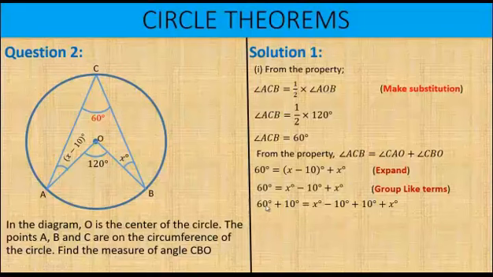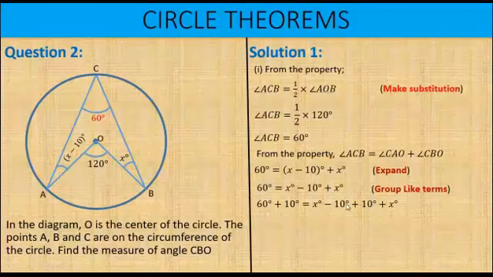So we have 60 degrees plus 10 degrees, and then x degrees minus 10 degrees plus 10 degrees plus x degrees. Negative 10 plus 10 is 0, and 60 plus 10 is 70 degrees.